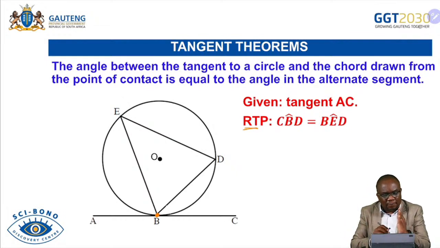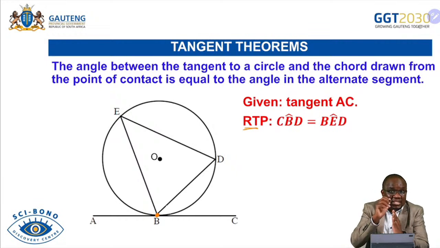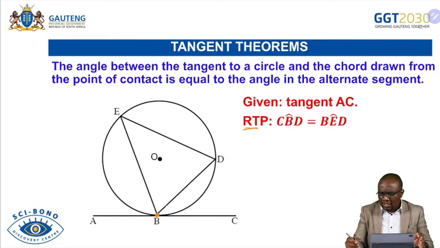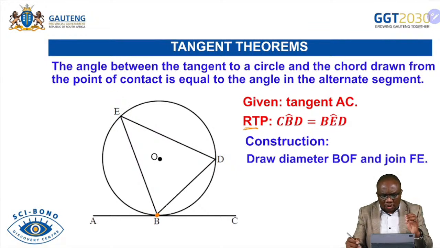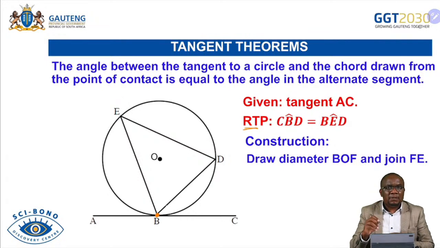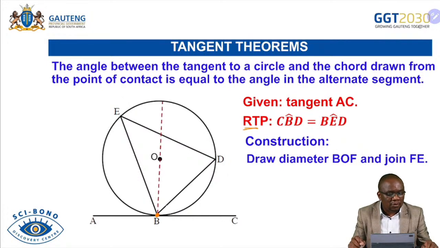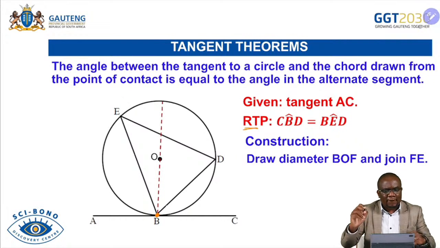Draw a line from the point of contact through the center of the circle to the circumference. Okay? So now we're going to do that construction. Remember, you won't get marks if you don't do your construction. Right, now draw diameter BO and then F. So the point on the circumference, we name it F. So that's the first one.